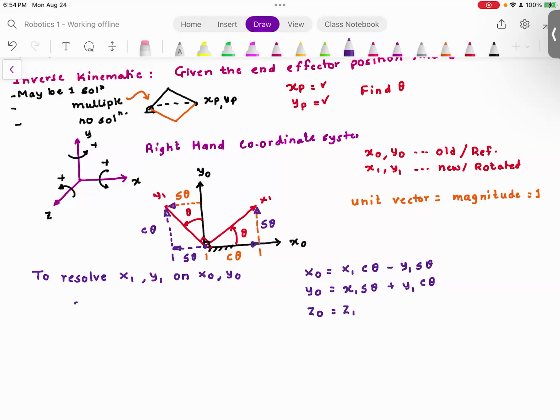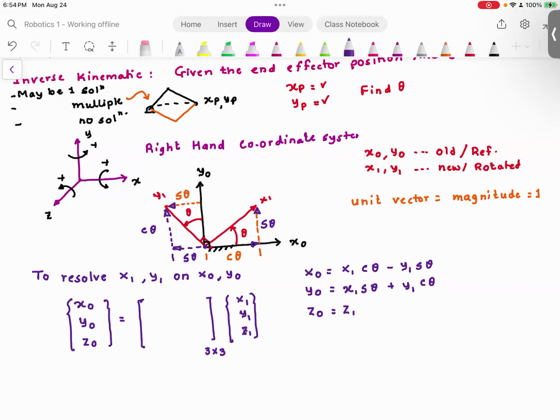So I'm going to have x0, y0, z0 over here. Then I'm going to have a 3 by 3 matrix. And this 3 by 3 matrix will be multiplied by x1, y1, z1.